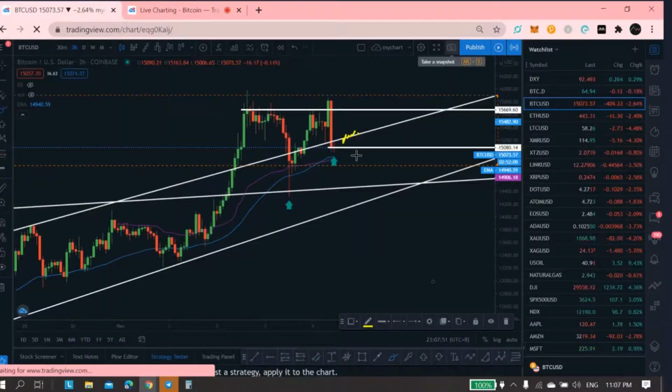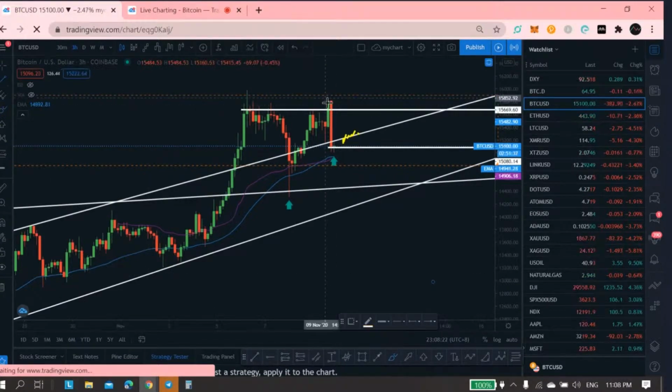It's not holding. Yeah, still too early to know, but that is 15,080, the expected support I'm looking at. At least it needs to close above that. Like for example, this one. Or like for example, this one.